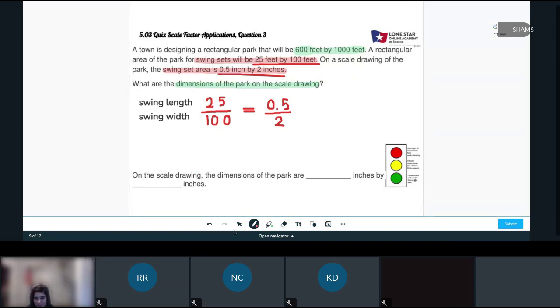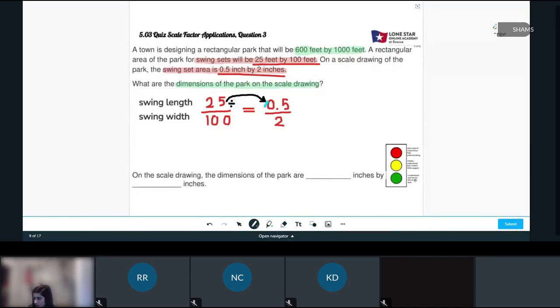Absolutely not. So the important part here was we had to figure out, from actual to the map, what are we doing? From 25 to 0.5, the number got smaller. It was dividing.